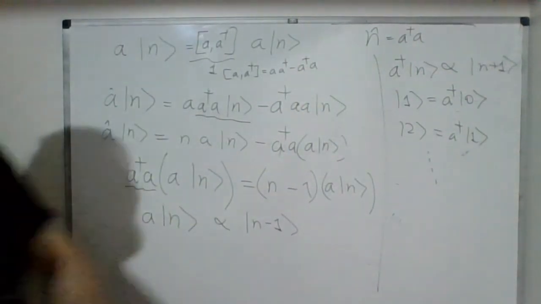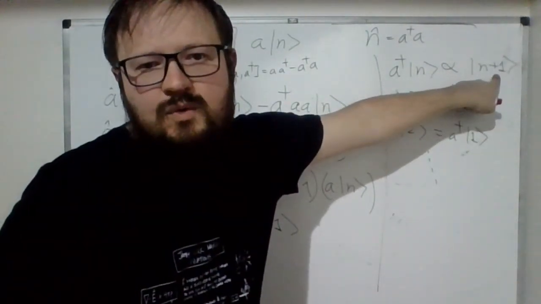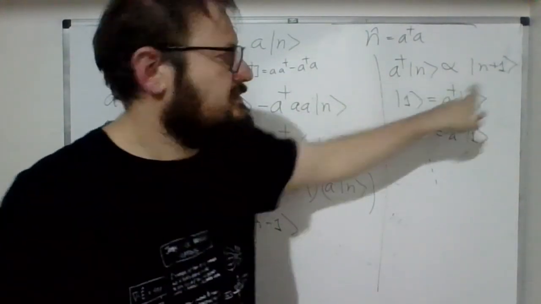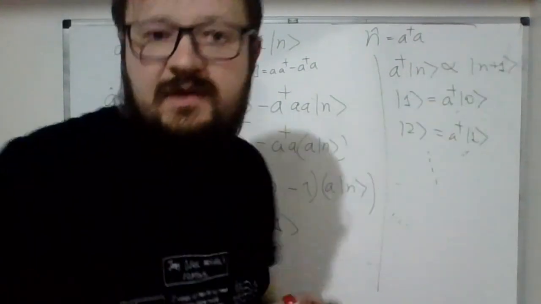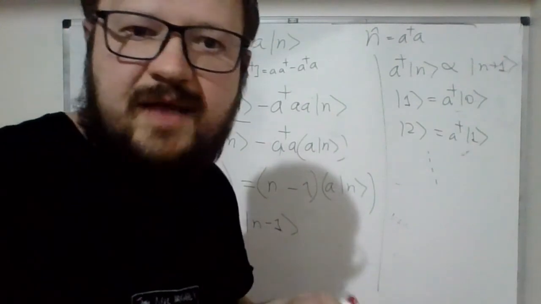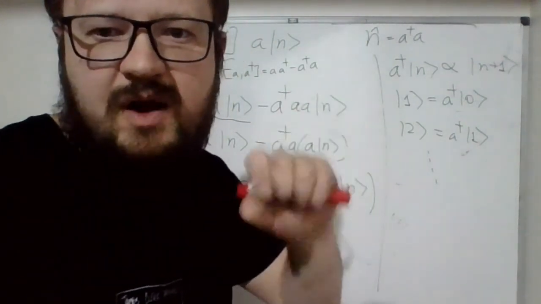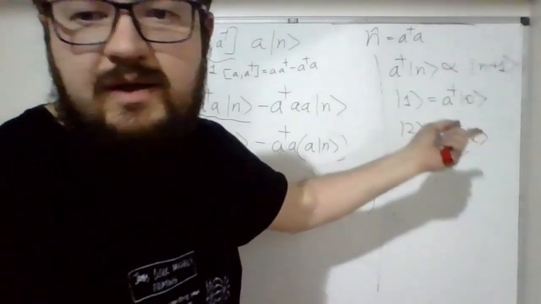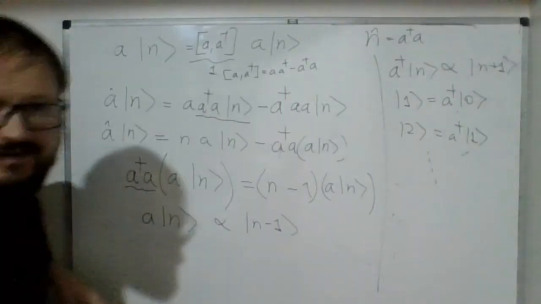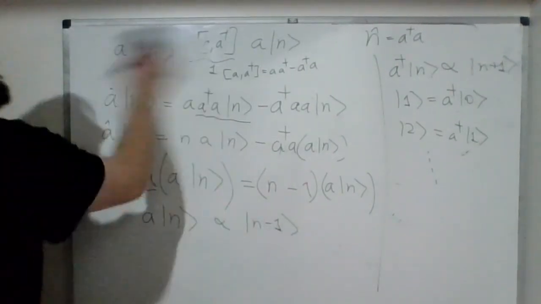So this operator creates one quantum of energy. In the sense of particles, if we interpret it as creating some particle of energy h bar omega, it creates one particle and this annihilates one particle in the system. But what is the normalization?